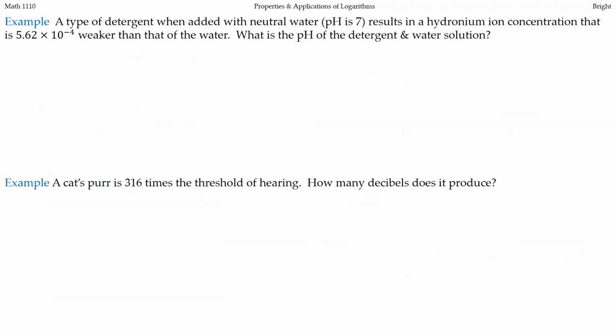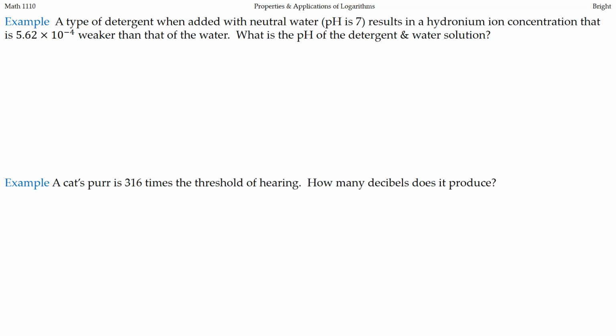Okay, so we have two examples here, and we're going to tackle the first one, and then I'm just going to show you the solution to the second one. First example: detergent added to neutral water. Water has a pH of 7, and this results in a hydronium ion concentration that is weaker than that of water.